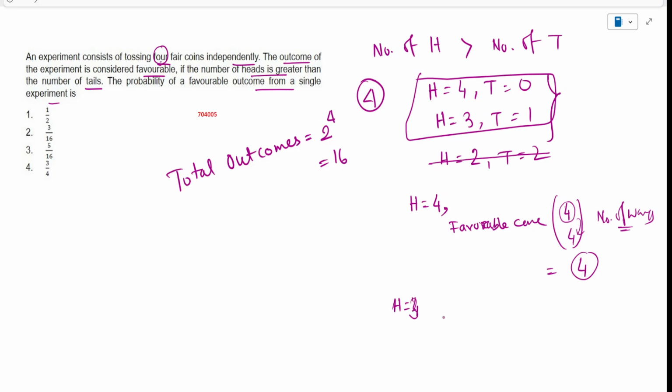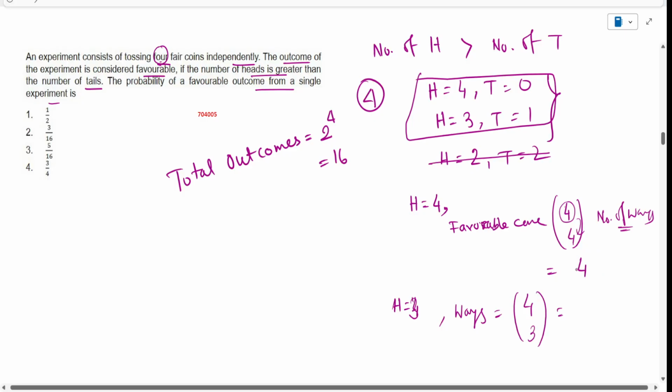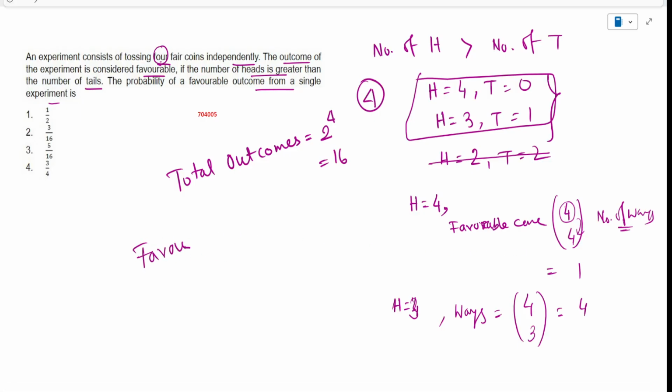And if heads is 3, then the number of ways is 4C3, total 4 coins and 3 heads. So 4C4 means 1 and 4C3 means 4. So the total number of favorable outcomes is 4 plus 1 equal to 5.